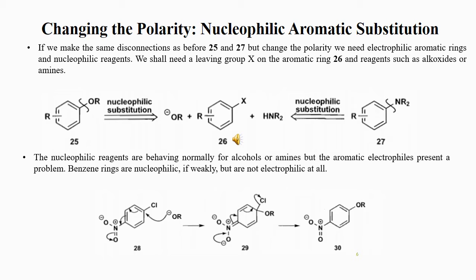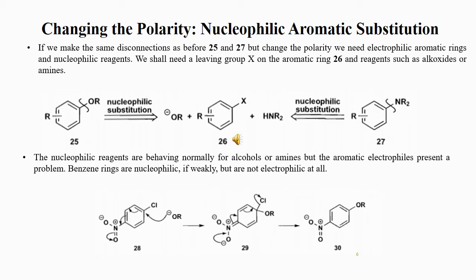So a leaving group is needed, and the other synthon, derived from 25 is OR negative, and from 27 is aniline or derivatives of aniline.